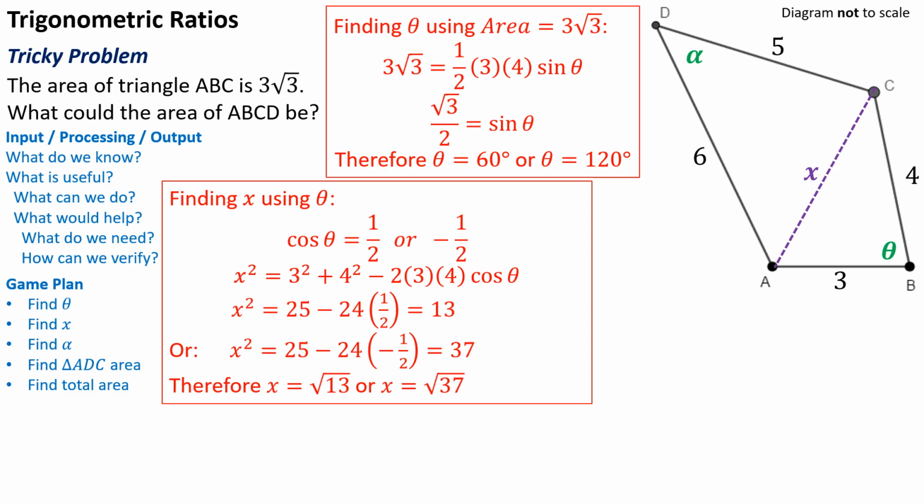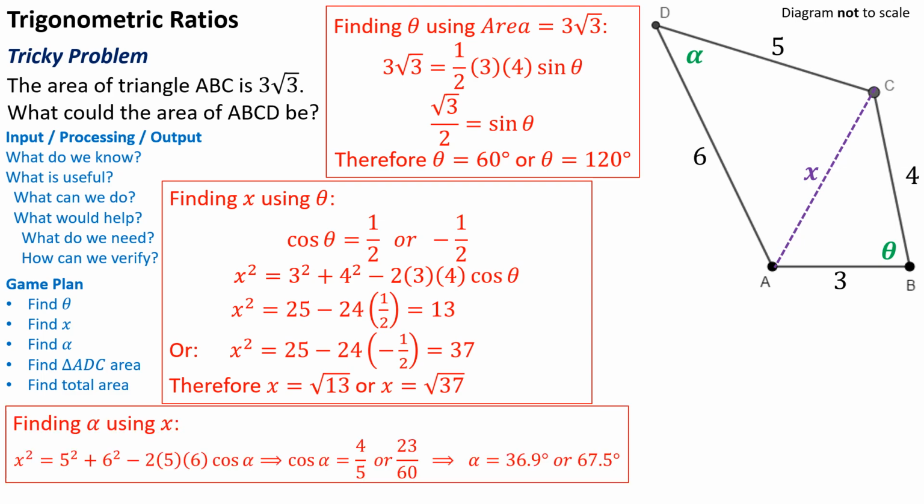The next step is finding alpha. For this, we're going to need cosine rule once again. But this time, because we know the value of x, or the two possible values of x, I can substitute those in, do a bit of rearranging, and find, once again, two possible values for cosine alpha. Once I've got those two values, I can find two values for alpha, 36.9 or 67.5.